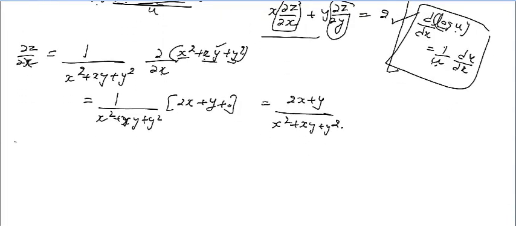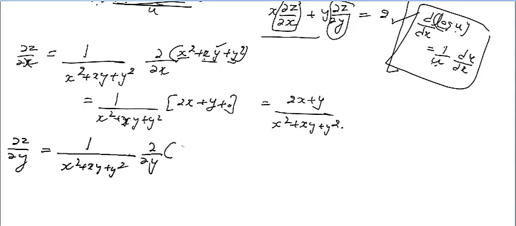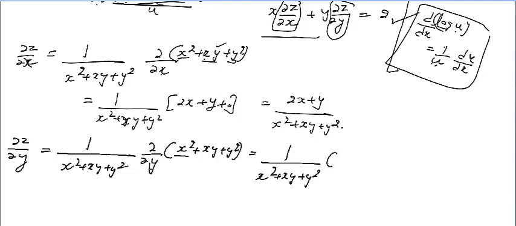Now find the derivative of z with respect to y, very easily. 1 over u, x² + xy + y², and derivative of u again, x² + xy + y². So the derivative of x² with respect to y is 0, because when you are finding the derivative with respect to y, x will be constant and the derivative of a constant is 0.